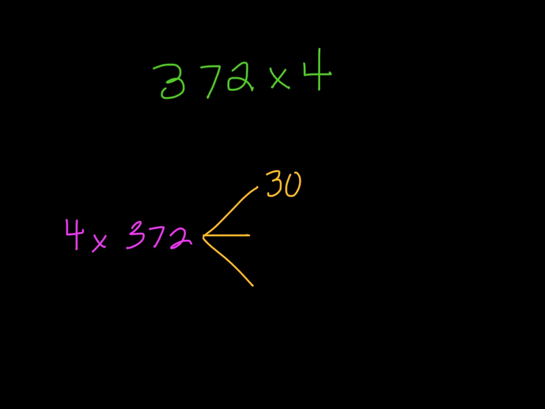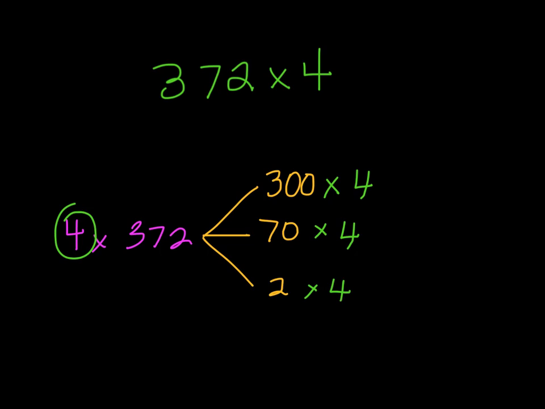So that would be 300, 70, and 2. Then I'm going to multiply each of those by the factor 4. So times 4, times 4, times 4. That's going to give me my partial products.